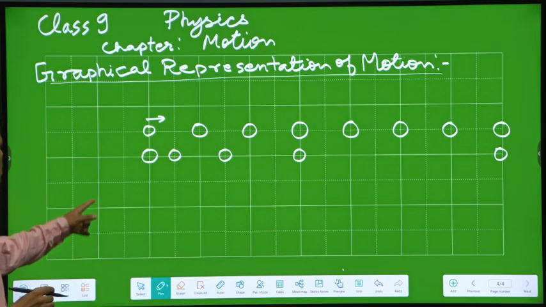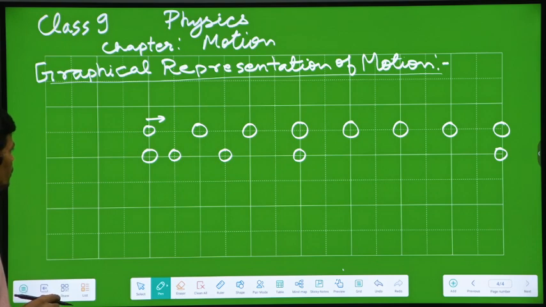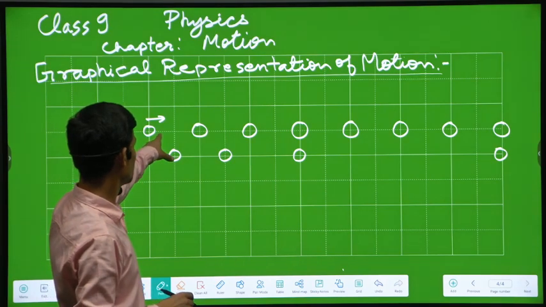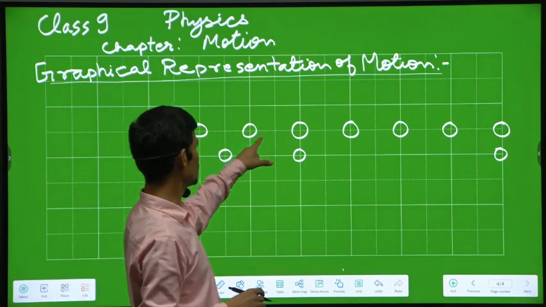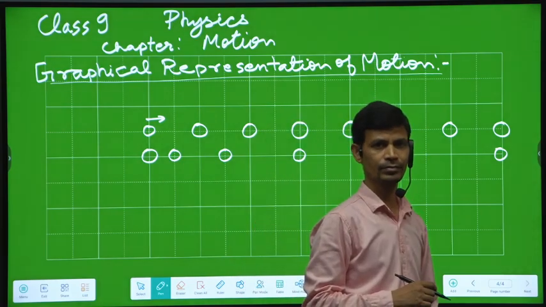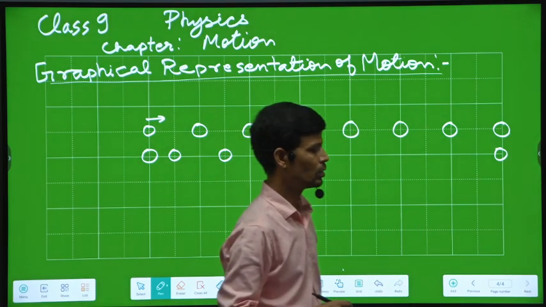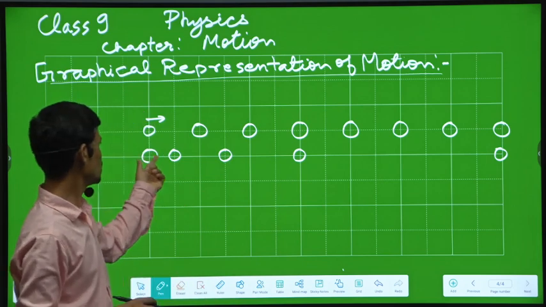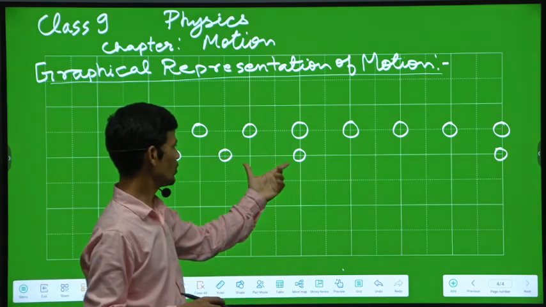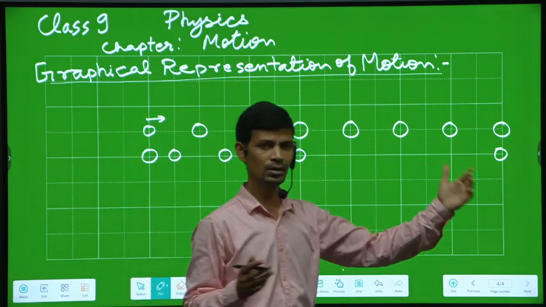So, you can compare both of them. In the first picture, at each second it is covering equal distance, and here at each second its travel distance is getting increased.